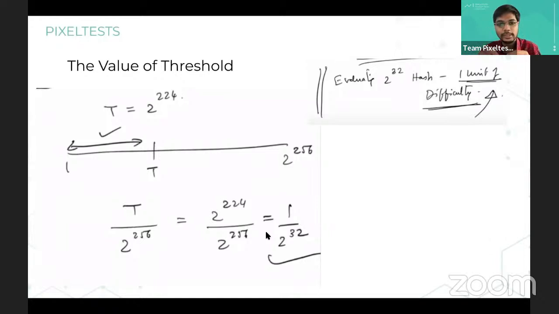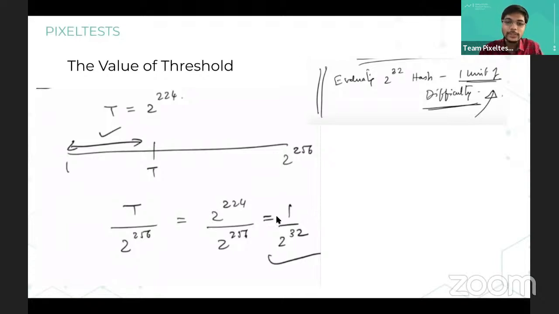So the number of cycles he can make becomes 2 power 32, and the probability for a person to comply with the condition is 1 by 2 power 32, which is a very small probability, right? So the actual reason was to make it difficult for the miners to mine.